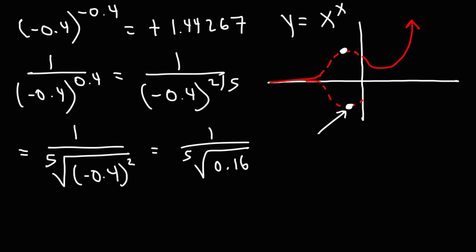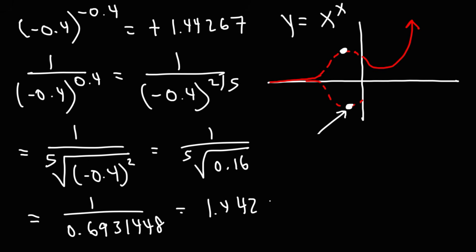And then 0.16 raised to the 1 over 5, or the fifth root of 0.16, gives us this number, 0.6931448. And so 1 over that will give us 1.4427.